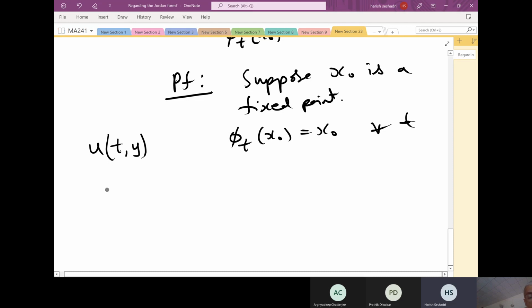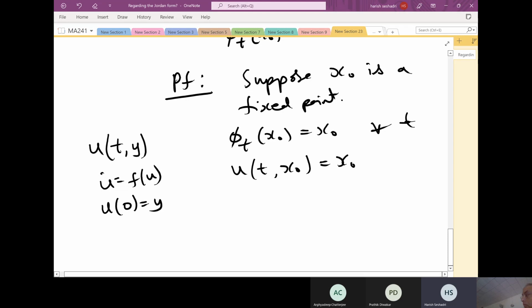It means u dot equals f of u, u(0) equals y. So with this notation, phi t x naught is u(t, x naught), for all t.